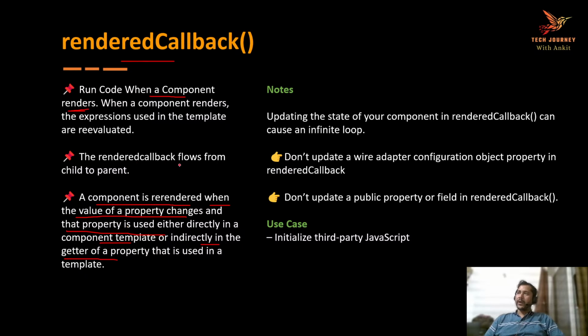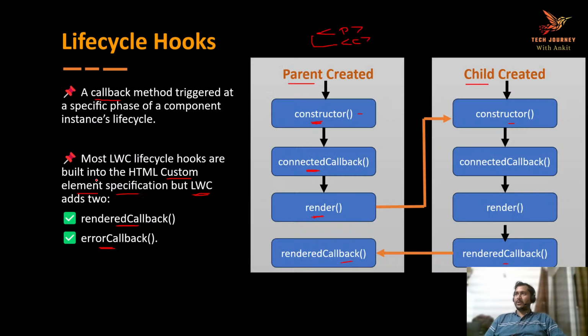Now, how does the rendered callback flow, and this is the twist here. Rendered callback flows from child to parent. As of now, for all the methods that we have discussed, the flow was always parent to child. Rendered callback is the only one where the flow is child to parent. Why child to parent? As soon as the rendered method is executed, the control is transferred here.